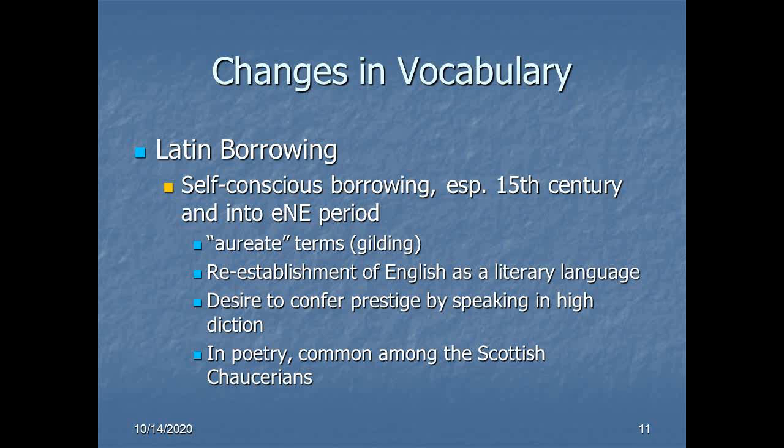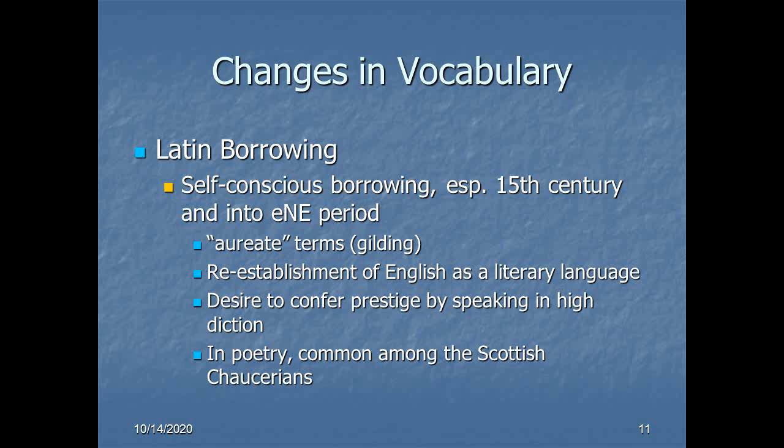This is often a disparagement. On the one hand, it is part of the self-conscious reestablishment of English as a language of literature that deserves to be seen on a par with the literatures of, say, French and Italian. But on the other hand, it is often taken to the extent where it comes across as being self-consciously artificial.